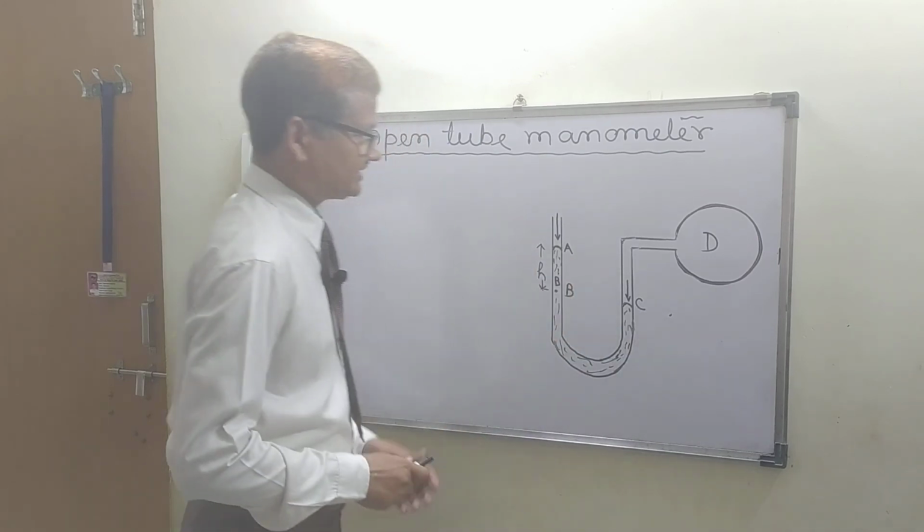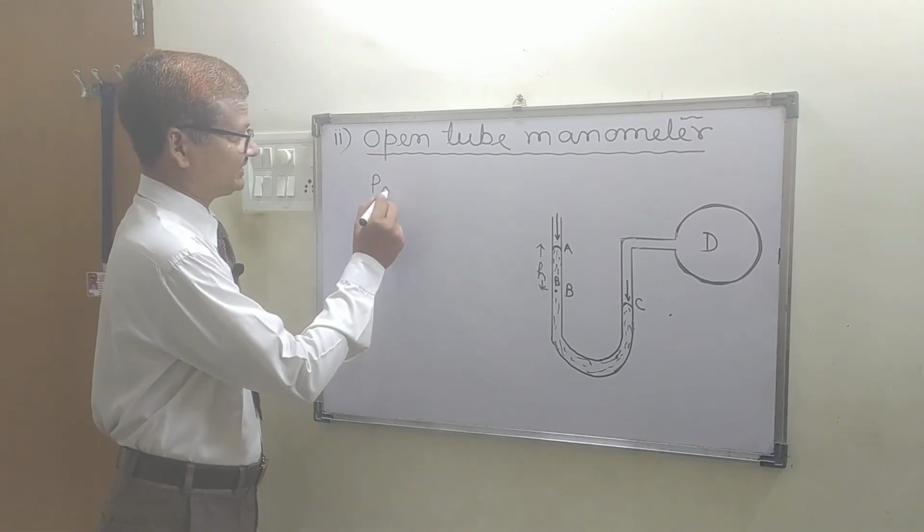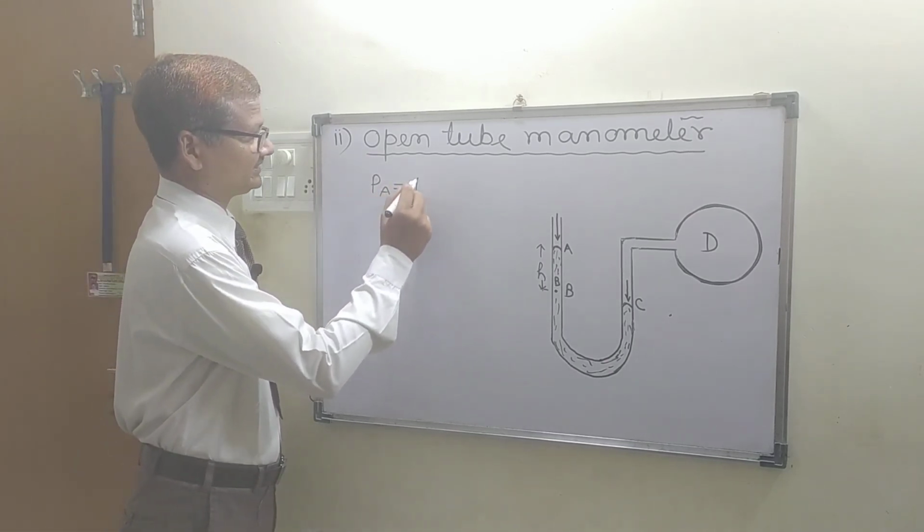Now the pressure at A is the atmospheric pressure, because this is in the atmosphere. This is P0.